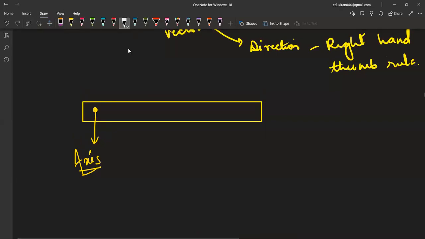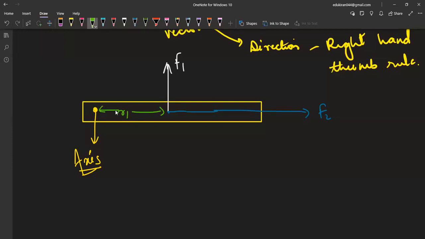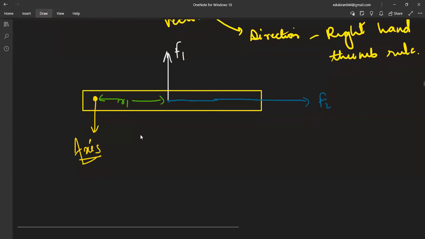Some force F1 is acting. Let's say from this point, some force F2 is acting. This separation is R1.